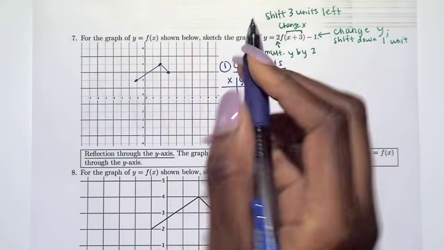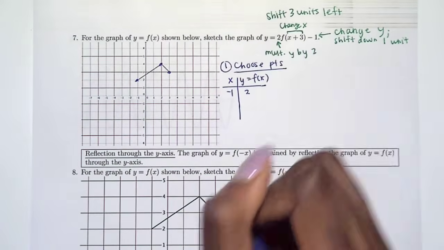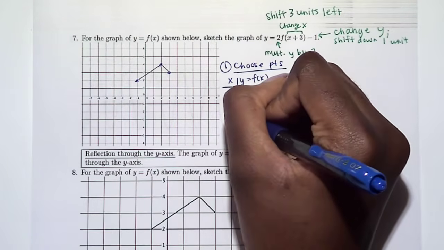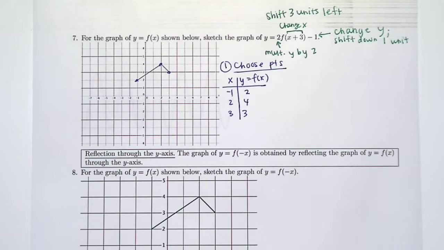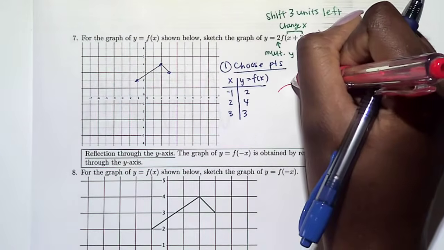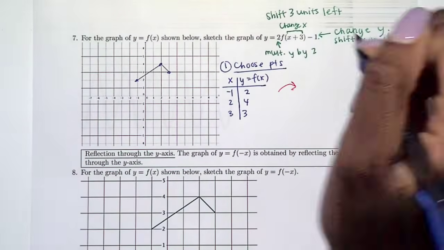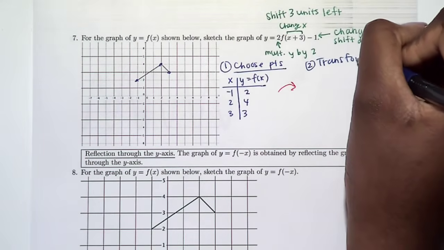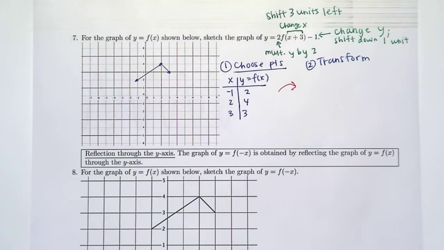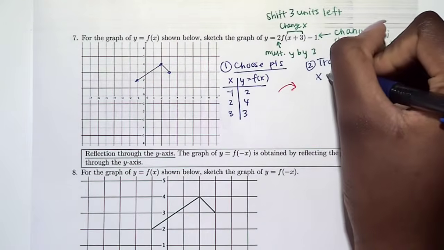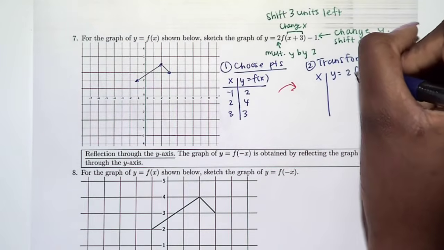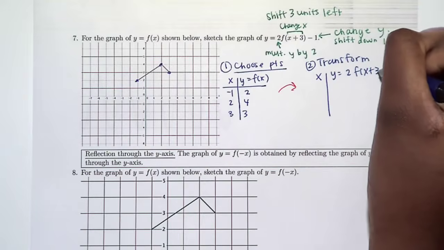All right, so we got negative 1, 2, 2, 4, 3, 3. Then I just want to transform those points that we have into 2f of x plus 3 minus 1.